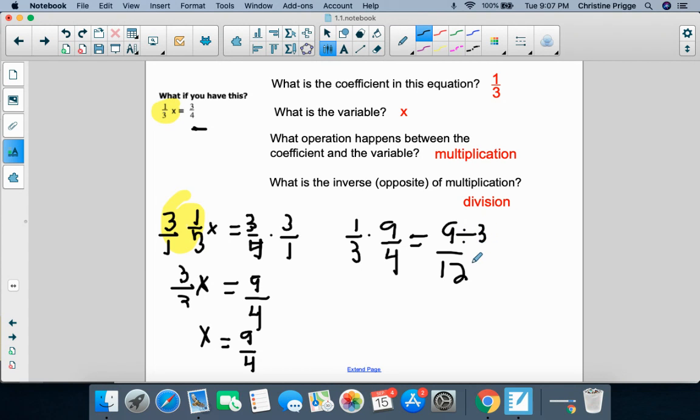If I divide the numerator and the denominator by the same number, which is 3, I get 9 divided by 3 is 3. 12 divided by 3 is 4. And look, I get 3/4, which it says I'm supposed to have. So guess what? This is correct. X's value is 9/4.